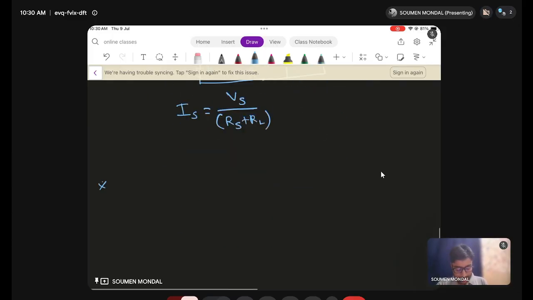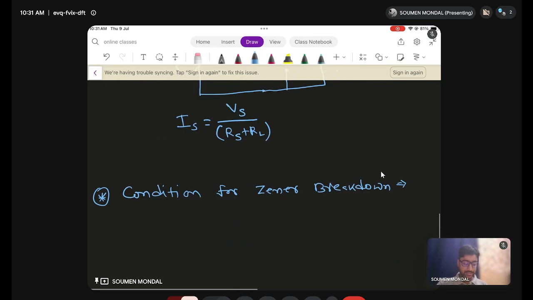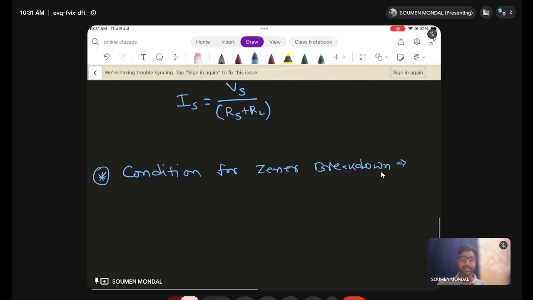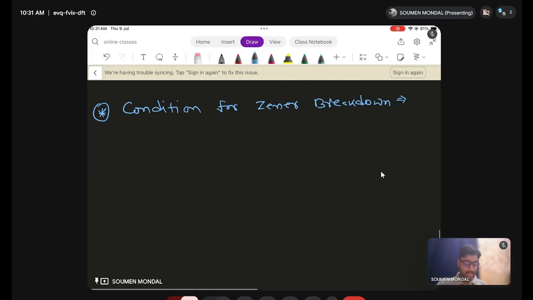So the condition for Zener breakdown. This part we need to understand a little bit. The initial things we discussed were really easy, and if we just understand what is happening there, we don't need to remember any formula, at least in this case. But here it is better to remember the final result for the condition for Zener breakdown. It will save a little bit of our time anyway.